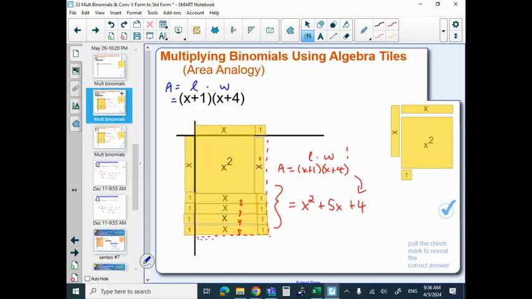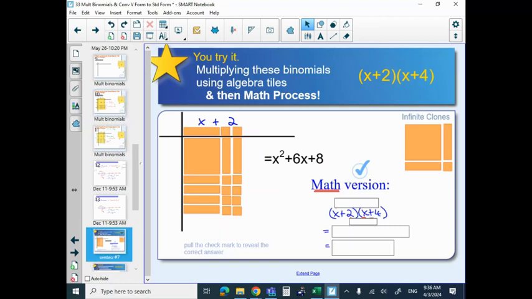I don't know if I did it here or not. There's your x plus your 1 and your x plus your 4, right? So here we have our x plus our 4. Just looking at the dimensions of that rectangle. And so you can see that it's x squared plus 6x's plus 8 ones, right?